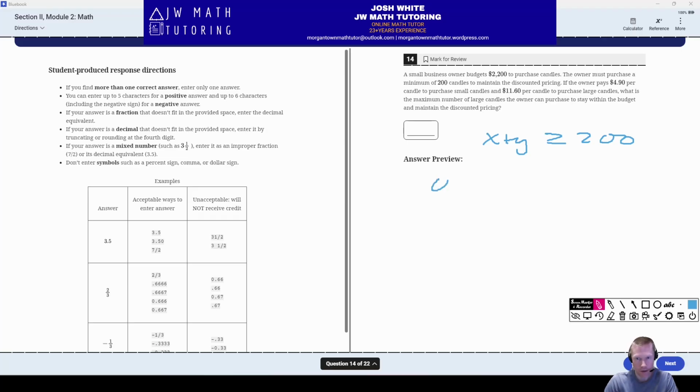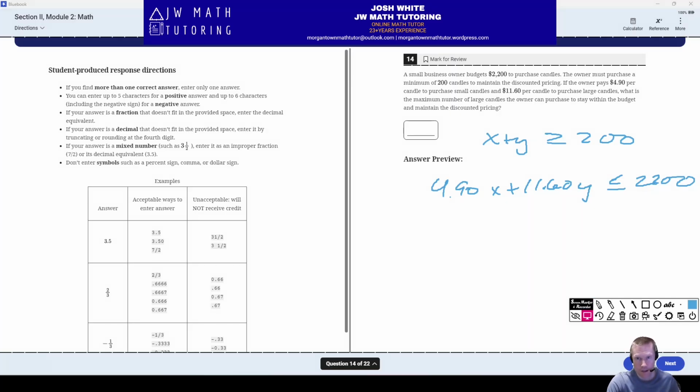All right, then we also know 490 per small plus 1160 per large. And actually, it's going to be a system of inequalities. This is wrong. We want to stay within the budget, so technically we want the amount of money to be not equal to 2200, but less than or equal to 2200. So this is your system of inequalities.